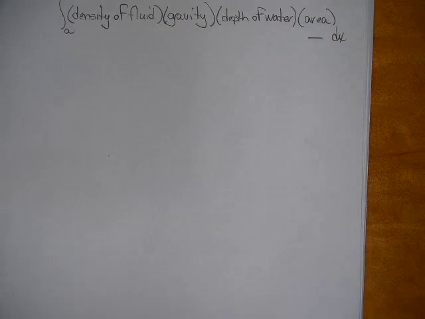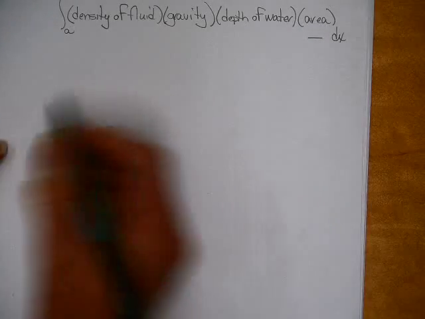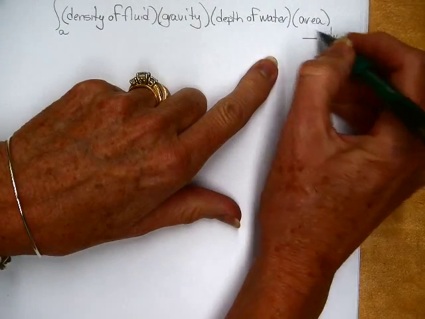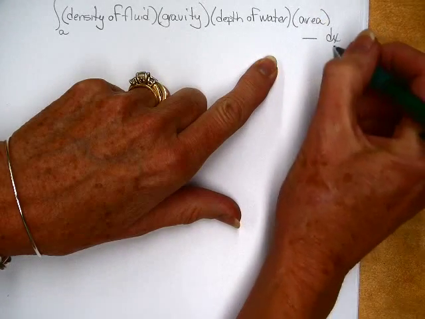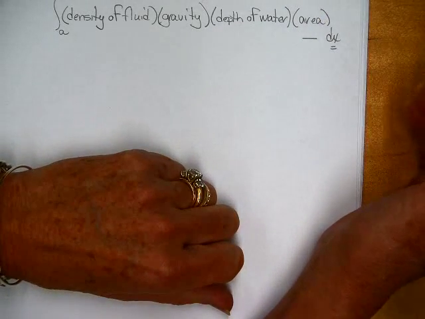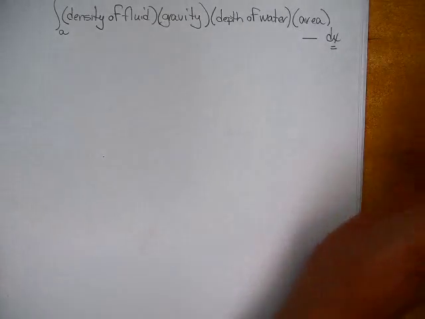All right, so in every one of these shapes, area is length times width. You're going to have a length, and your width is always your dx or your dy. Okay?